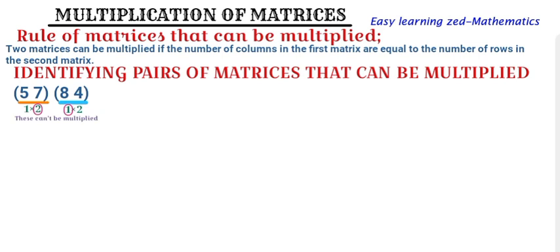Therefore, these two matrices cannot be multiplied, because they have different numbers of columns and rows. The number of columns in the first matrix should be equal to the number of rows in the second matrix.